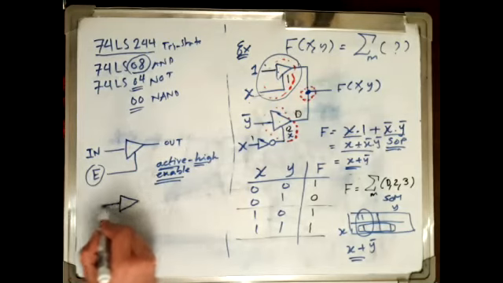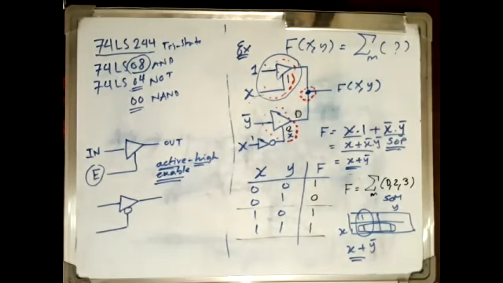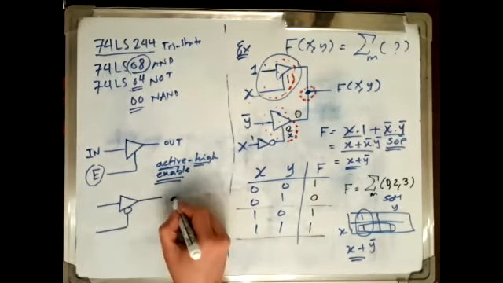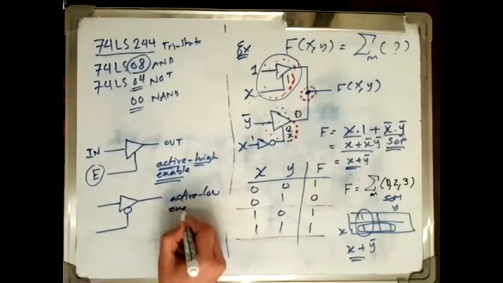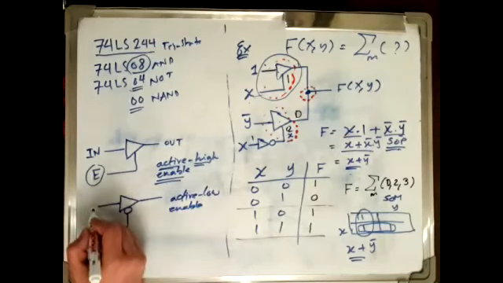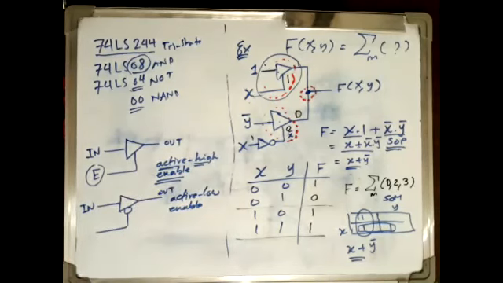Sometimes the enable signal is not active high. It could be something like this, and this is called active low enable, which means the tri-state buffer is enabled when the enable input is 0.